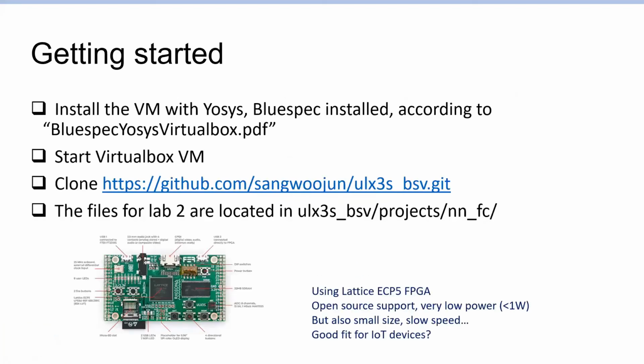All right. The contents of Lab 2. The goal of Lab 2 is pretty much the same as the goal of Lab 1, in that we are trying to implement a fast version, or at least in the case of Lab 2, a power efficient version of the fully connected layers in a neural network.